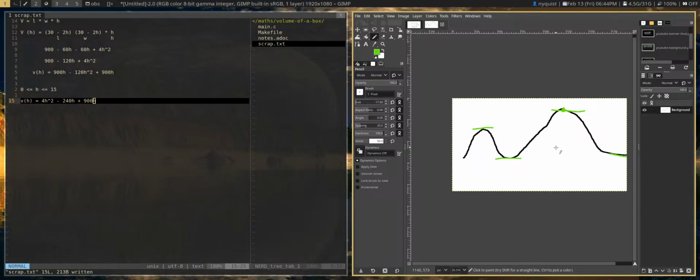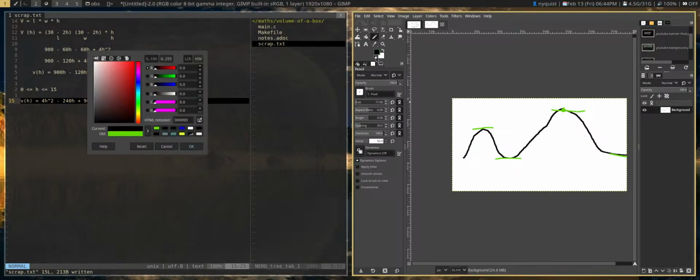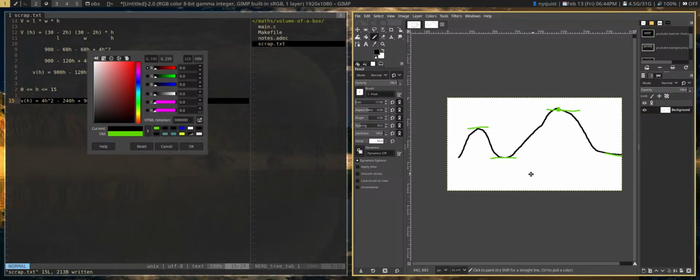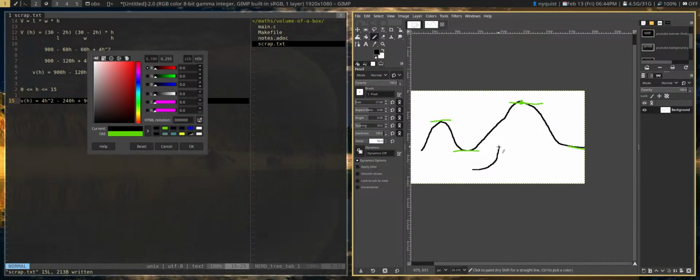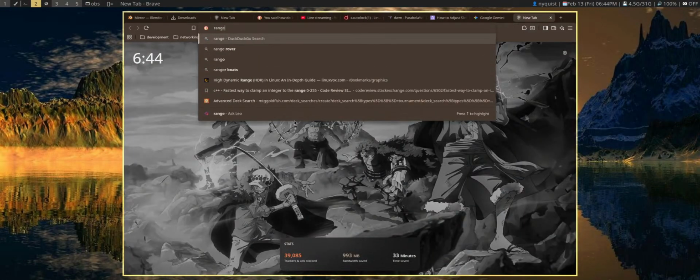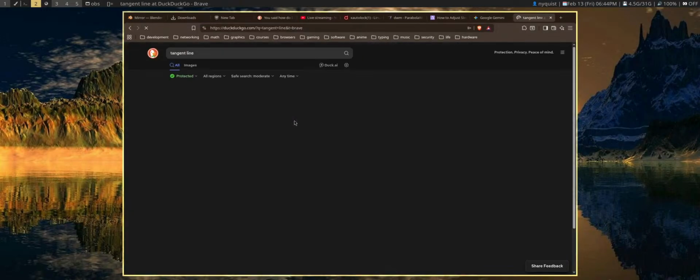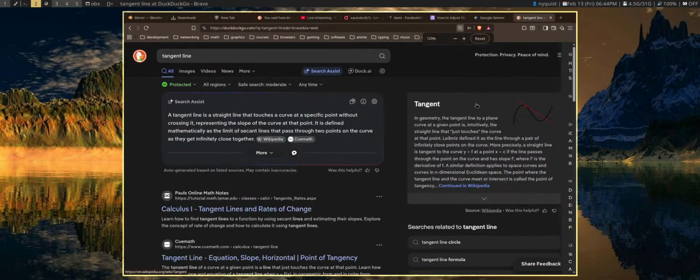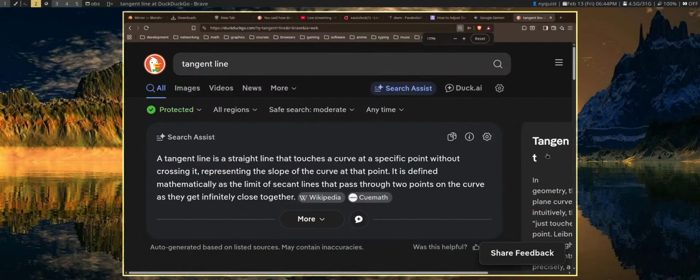So if you have any point where you can't make a tangent line, like if you have a line like this, you can't make a tangent line here. I'll show you what a tangent line looks like. It looks like this, right?